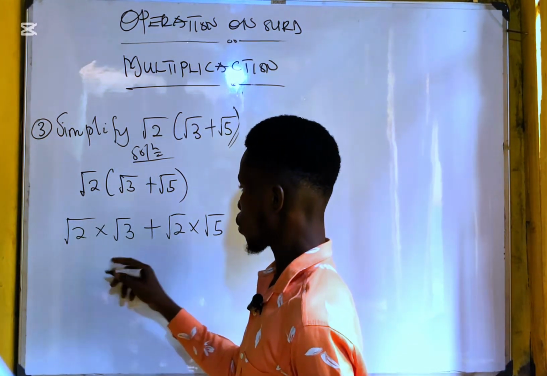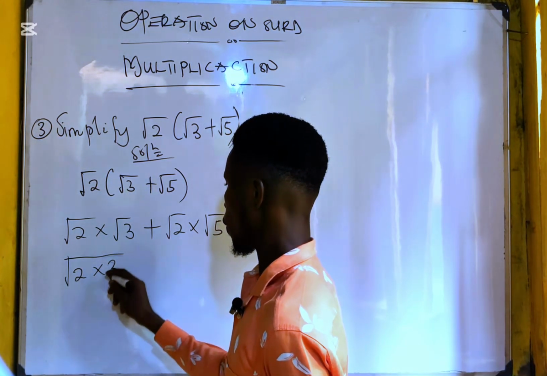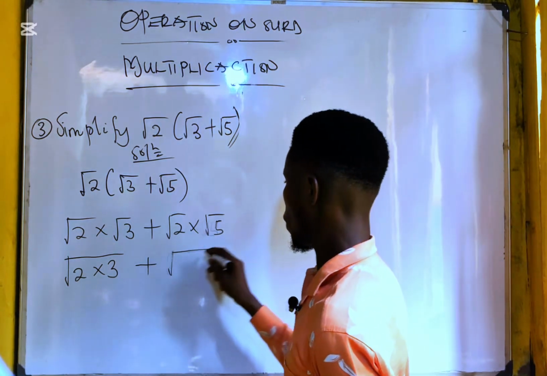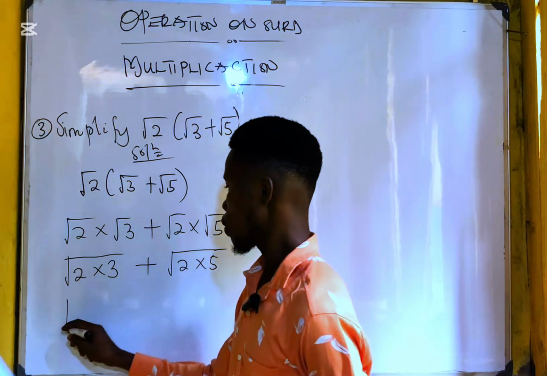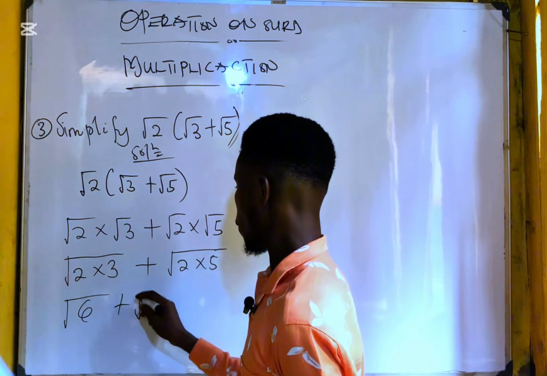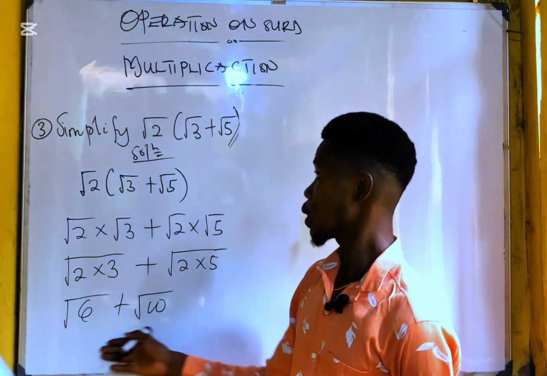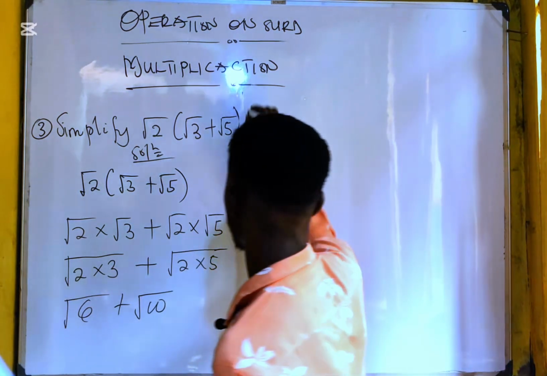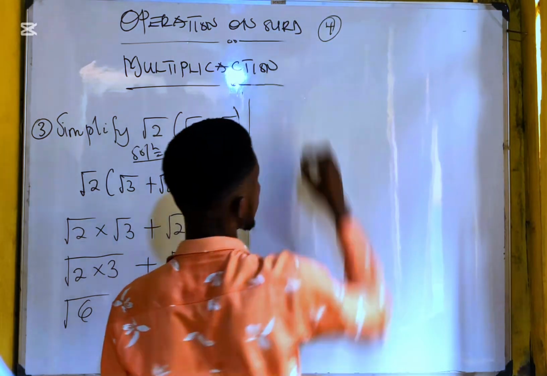Now root 2 times root 3 will be root of 2 times 3. Root 2 times root 5 will be root of 2 times 5. This will give you root 6. This will give you root 10. For this one, you can't do anything about it again. So this is a simplified form. Is that okay? Let's look at example 4.